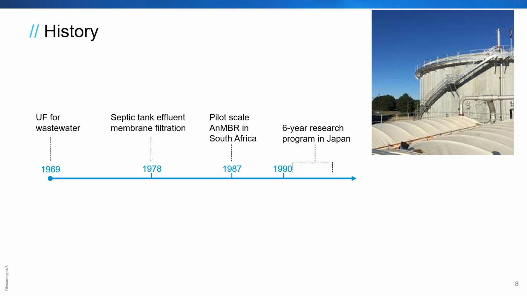Also looking at piloting, in South Africa there's a pretty early pilot in the 80s where they put in a configuration and documented that. And then Japan went through a pretty extensive research program in the 90s to try and further this technology. And then I got some information on later lab scale work that's been done in the US and in Europe as well. And then we're going to hear, of course, from the two later presenters on concepts as well.